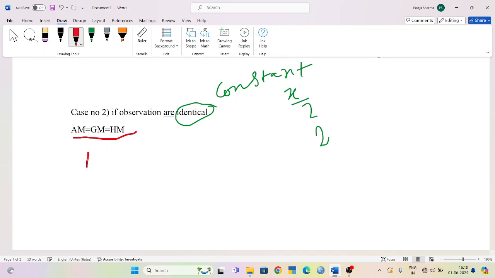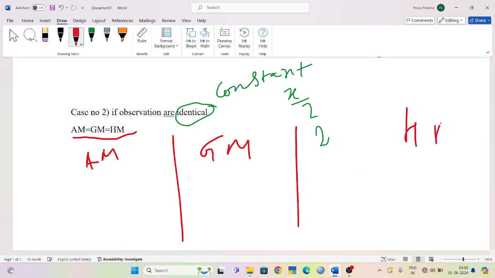Let's prove this with an example. AM, GM, HM. The formula of AM was A plus B divided by 2.